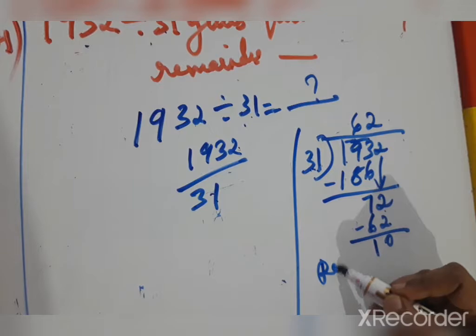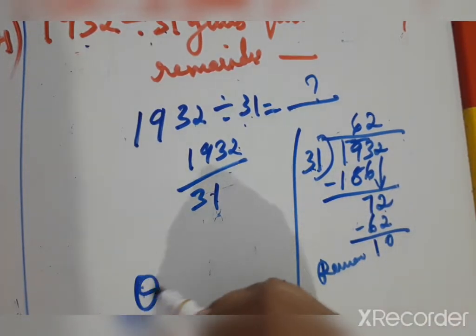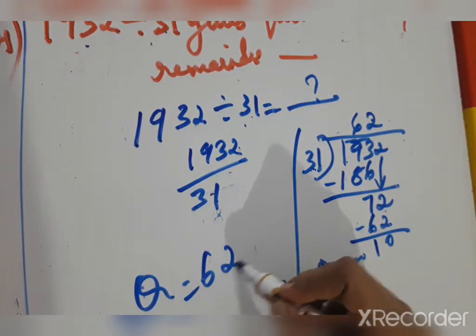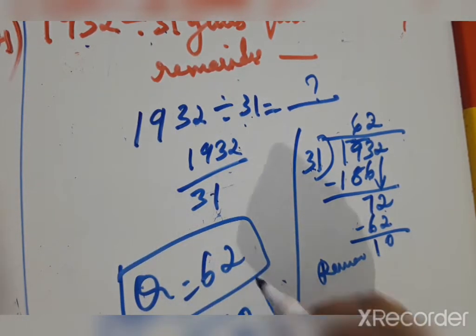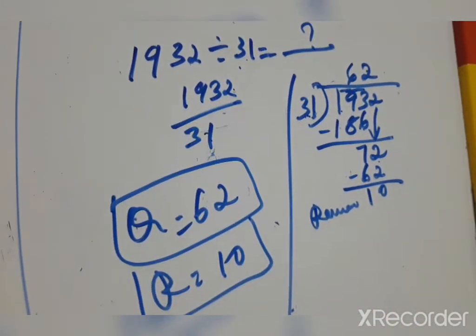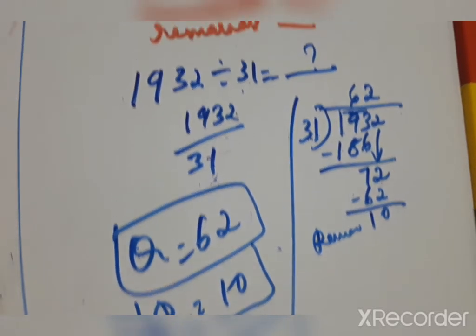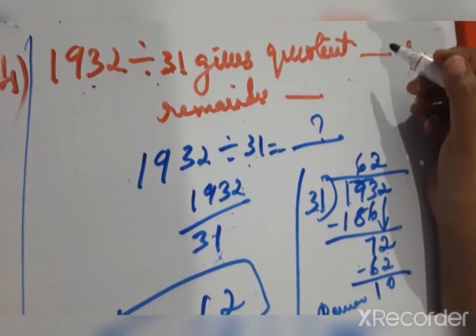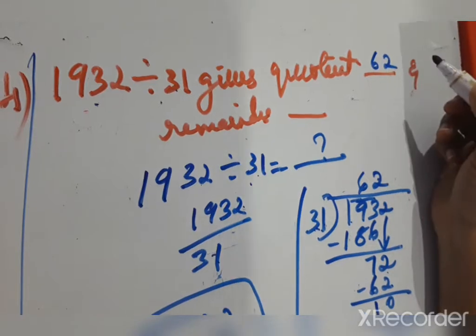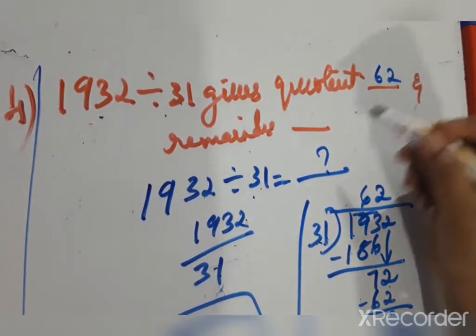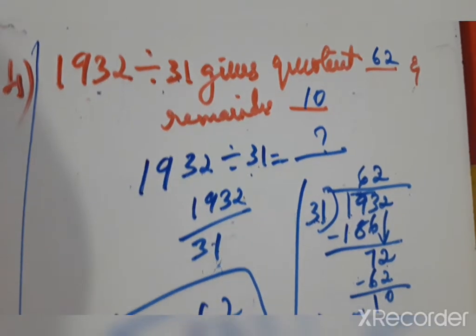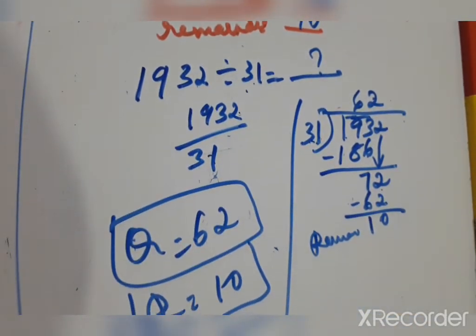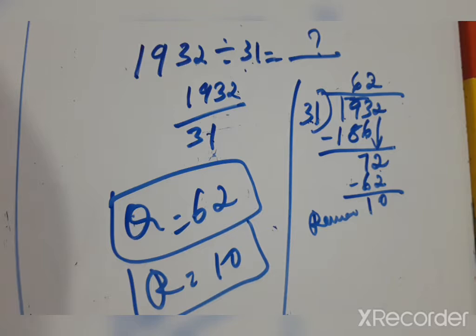So this is the remainder. The quotient is 62 and the remainder is 10. So in the place of quotient we can write 62 and in the place of remainder we can write 10. Directly dividing, finding the quotient and remainder.